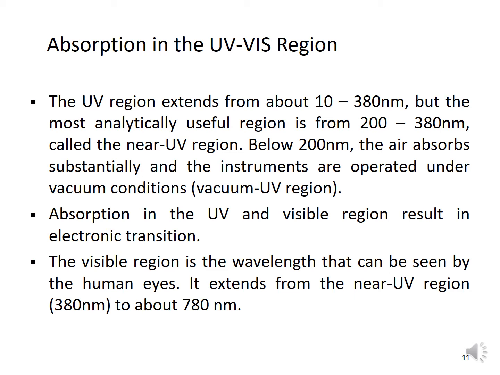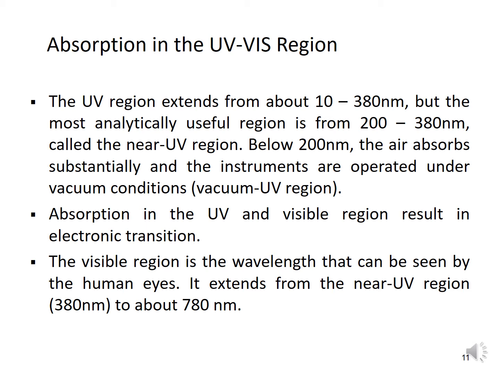This is called the near UV region. Below 200 nanometers, the air absorbs substantially and the instruments are operated under vacuum conditions. The UV instruments we have in our lab now are not under vacuum conditions, so they operate between 200 and 300 nanometers.